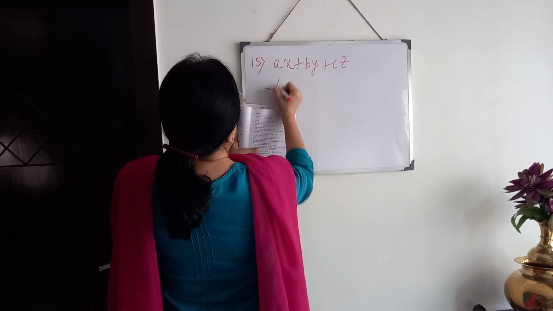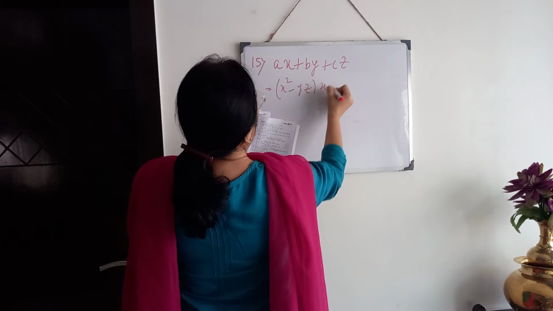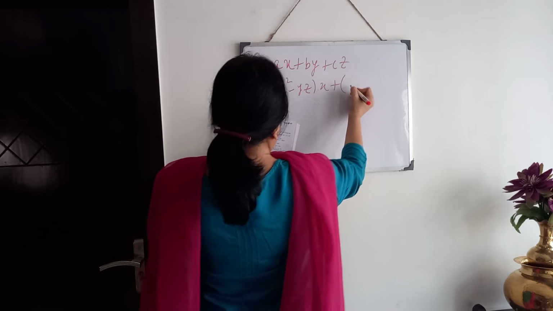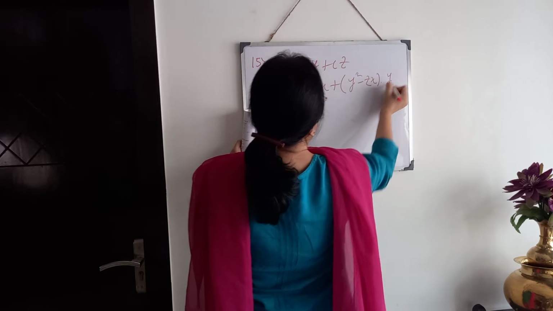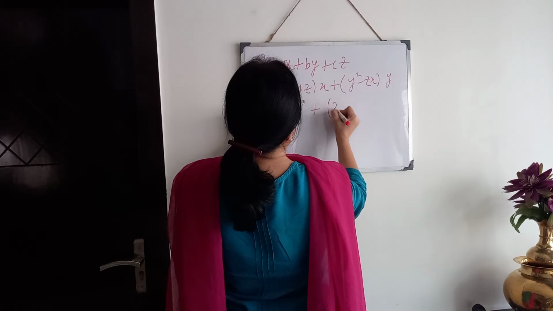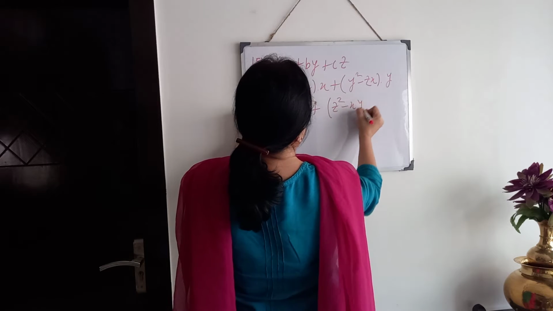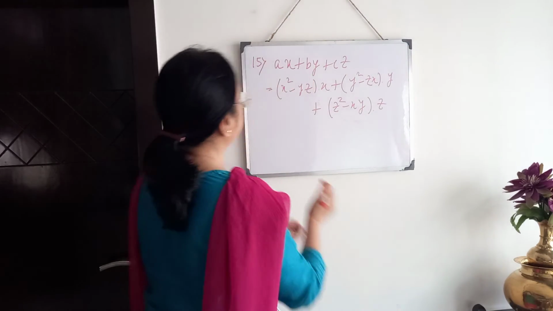So A is given this into x plus B is given y square minus zx into y plus C given z square minus xy into z. Then we will open the bracket.